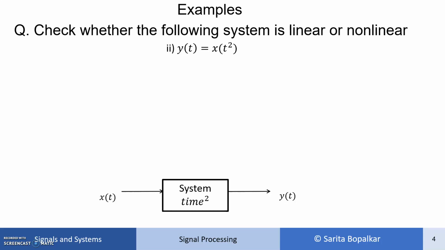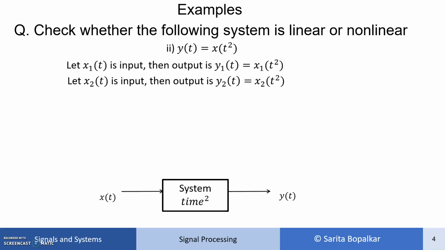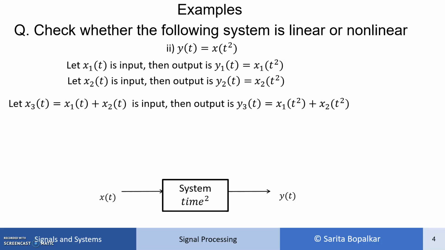Now let's check the superposition principle. x1(t) is the input, y1(t) is x1(t²). x2(t) is the input, output y2(t) is x2(t²). When x1(t) plus x2(t) is the input, the output squares the time only. So x1(t²) plus x2(t²).